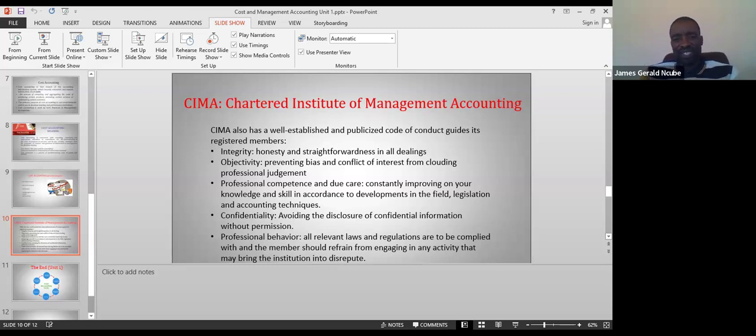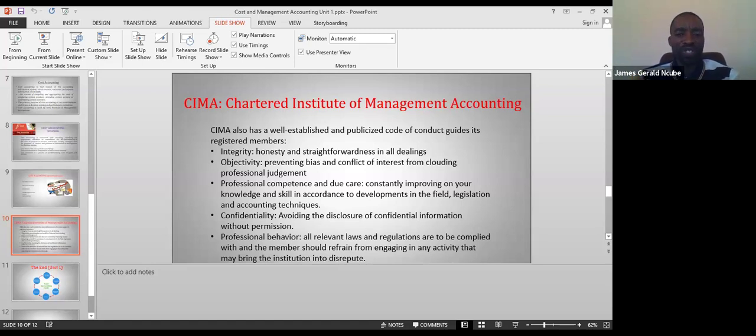Professional competence is another very critical area that is expected of management accountants. They must be competent to deliver the expected knowledge or the expected roles or tasks that must be performed. So for that to be achieved, they need to be constantly improving their knowledge and skill in accordance with developments in the field, legislation and accounting techniques, because accounting is a very dynamic area.